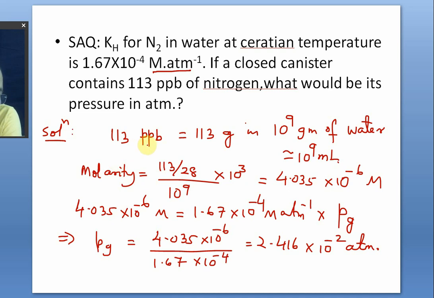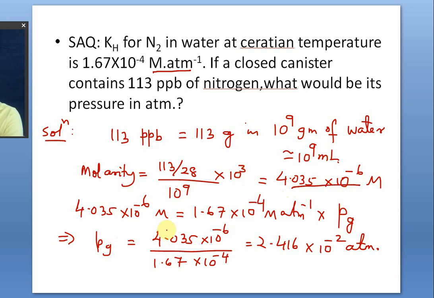Now 113 parts per billion means 113 gram of nitrogen present in a billion grams of water, 10 to the power 9 grams of water, which is the same as 10 to the 9 milliliters of water. 1 gram is equal to 1 milliliter. So therefore you can find its molarity. You convert it to number of moles by dividing by its molecular mass, by 10 to the power 9 milliliter into 1000 milliliter. So this is the molarity.